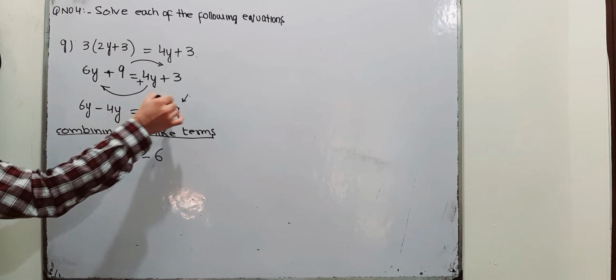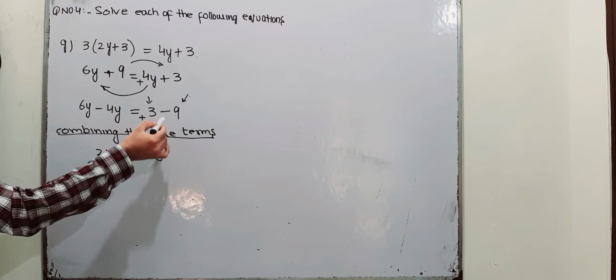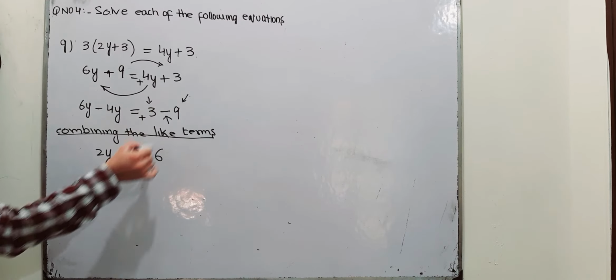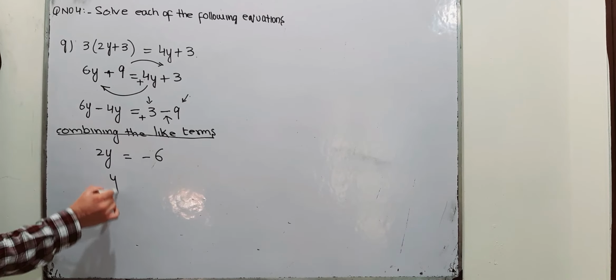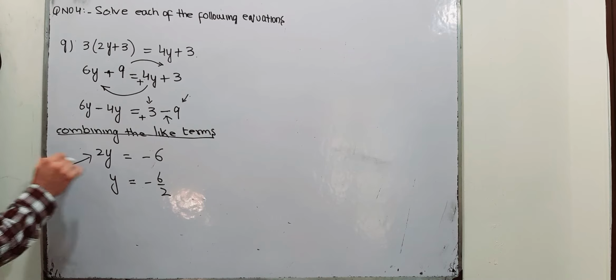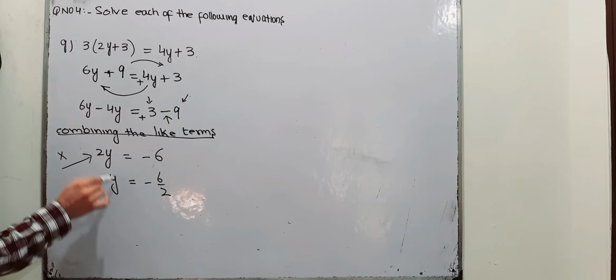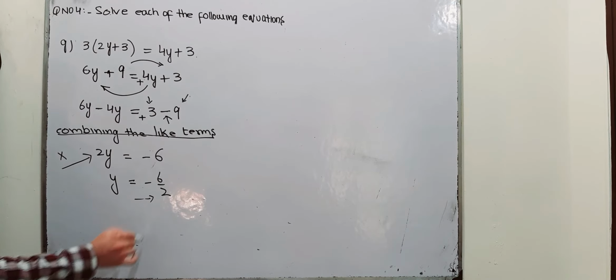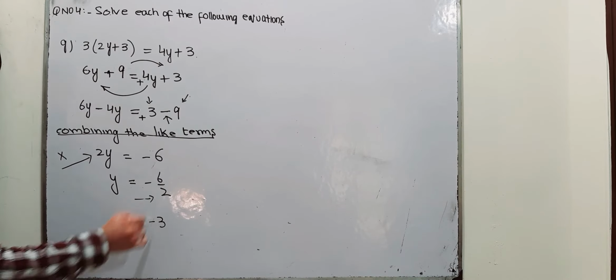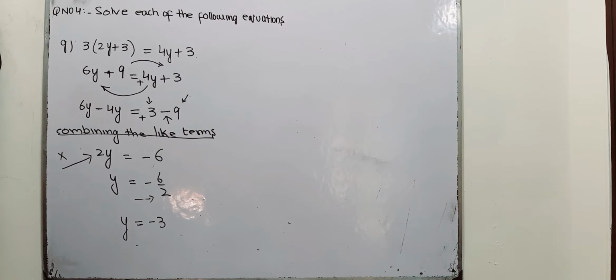This is the larger number as compared to this one, and it has a negative sign, so the sign of the larger number will be retained. So y now will become minus 6 by 2, because this 2 is being multiplied by y. Over there it will divide. So the answer for y is minus 3, because 6 divided by 2 will give you 3.